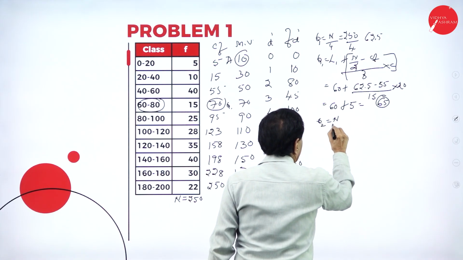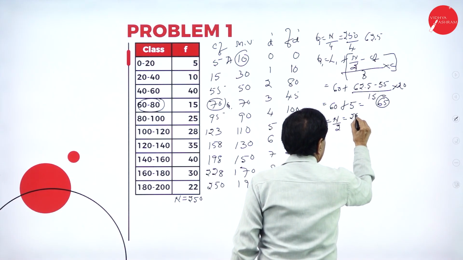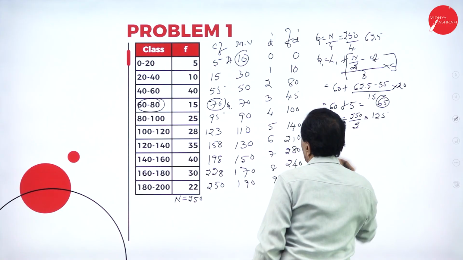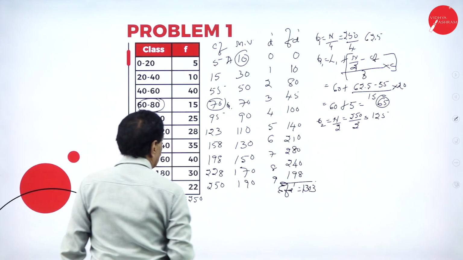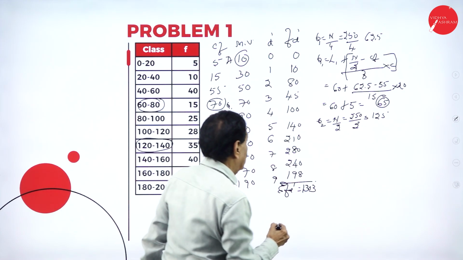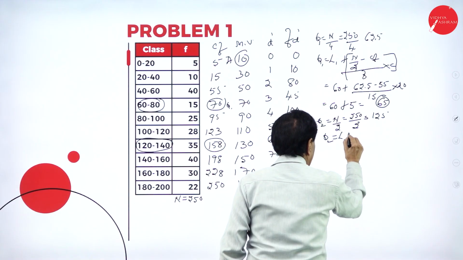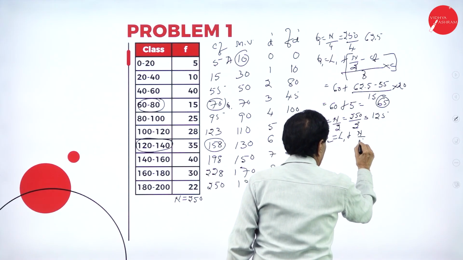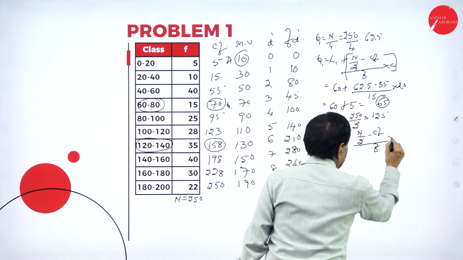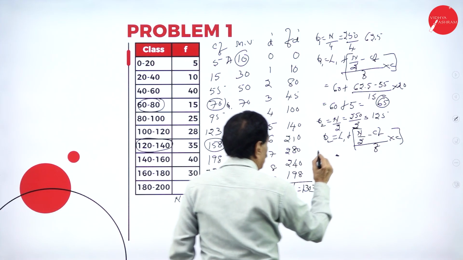Q2 is equal to N by 2, 250 by 2, which is 125. Where will 125 come? Under 158. Apply the formula: Q2 is equal to L1 plus N by 2 minus CF over F into C. What's your L1? 120.